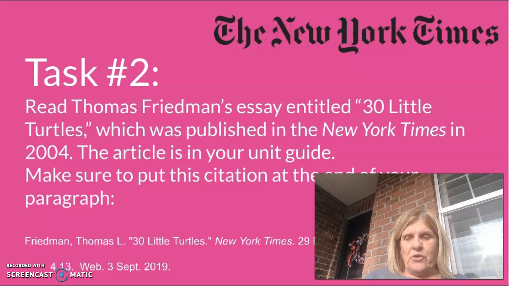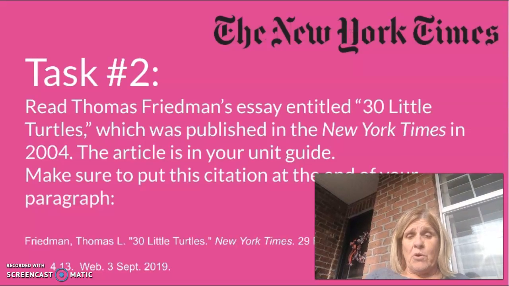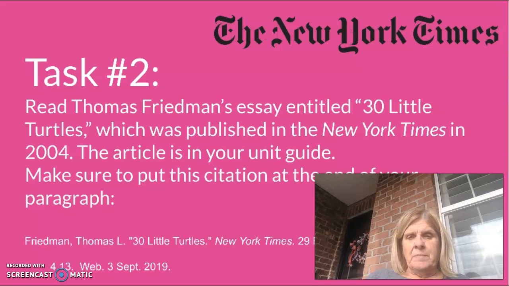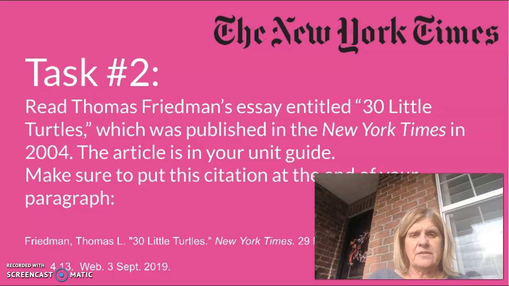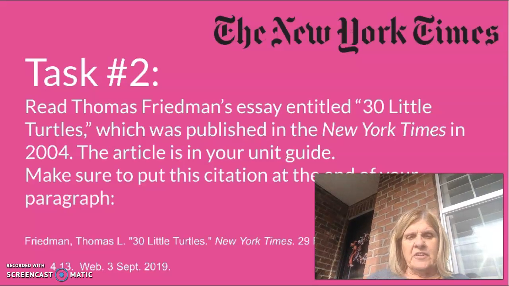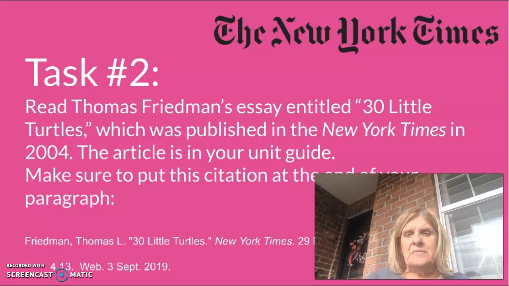The second thing that we are going to do during academic notes is that each student will practice on their own writing a summary paragraph. So in order to do that, you have to have an article to read. So I've included an article that was written by Thomas Friedman, a famous journalist who writes for the New York Times. And this essay was published many years ago, but it was republished a year ago in the Times. And I've included the citation there for you.